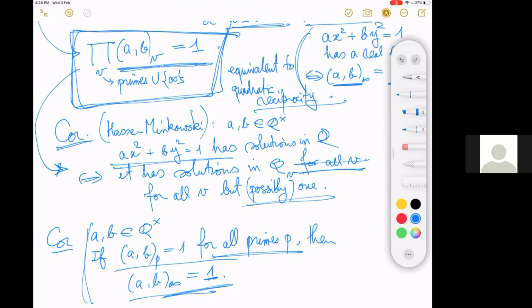Yeah. So instead of singling out the real numbers here, I could have said if (a,b)_p is equal to 1 for all primes p and for infinity, then (a,b)_2 is equal to 1. I mean, I could have written it this way as well.